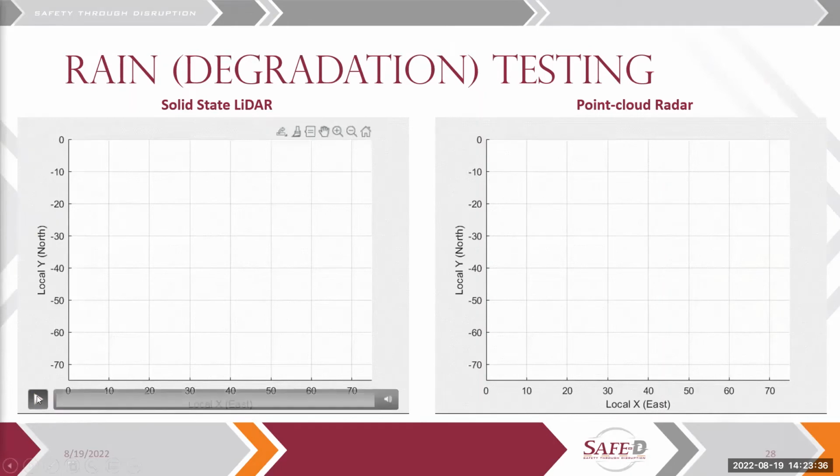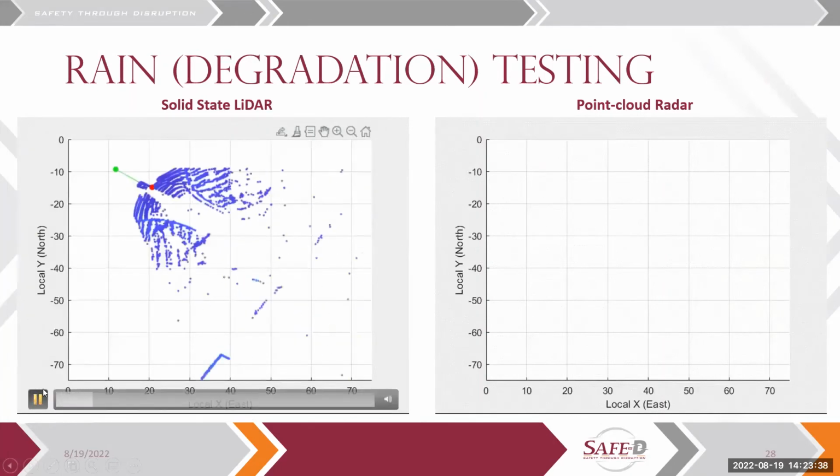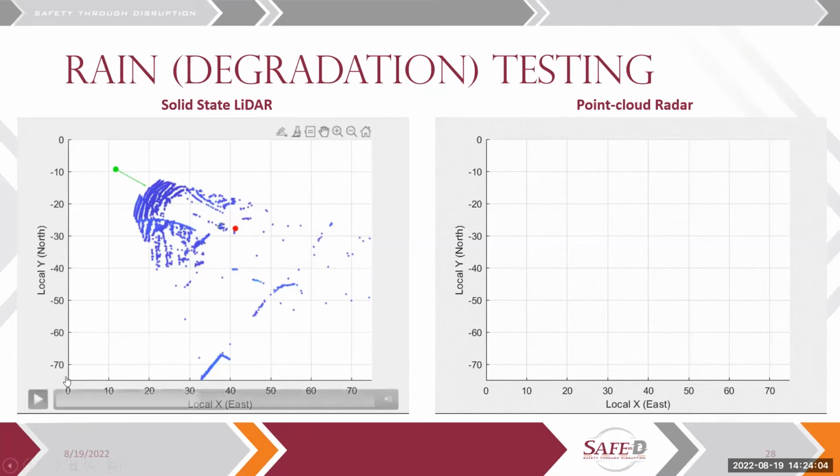And here's some of the data from these rain tests. You can see the LiDAR point cloud. It's collecting a lot of information on the ground, but once we get in the rain, it changes the reflectivity, so we don't see much at all of the ground truth, except for maybe the retroreflective paint.